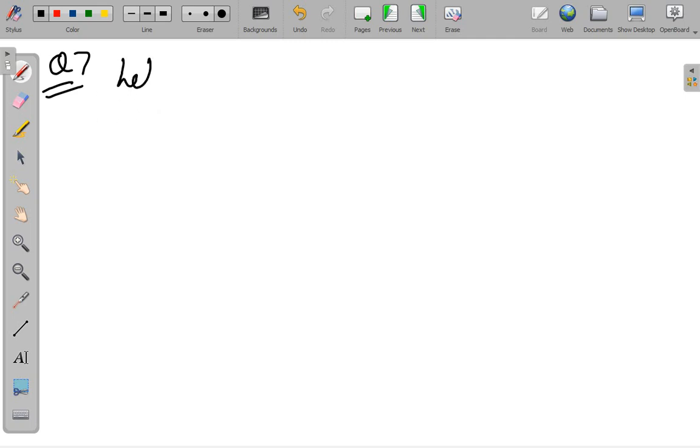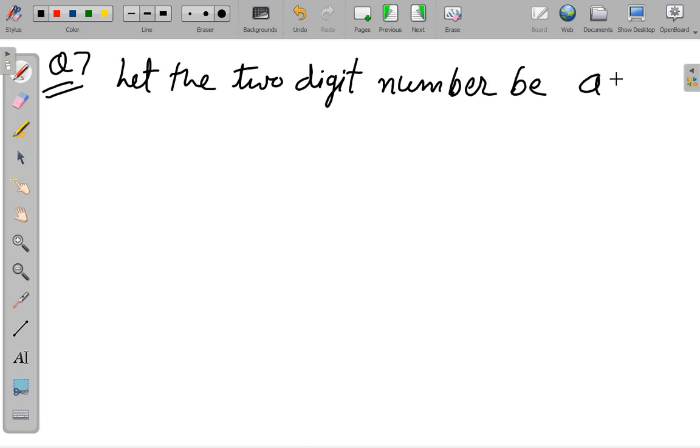Okay, let the 2-digit number be AB. His tens place digit is A, unit place digit is B. We are given that the sum of its digits A and B is 5. Okay, so how can the sum of digits be 5?